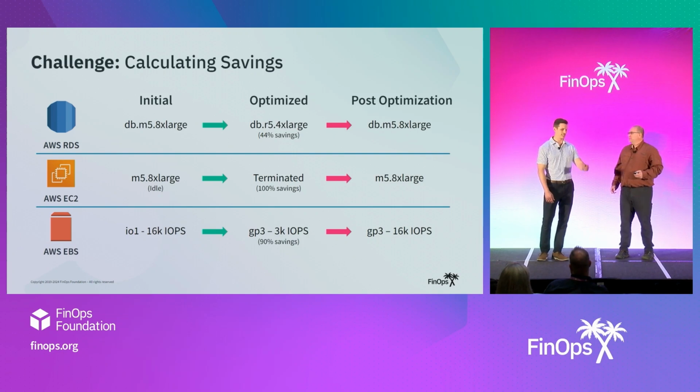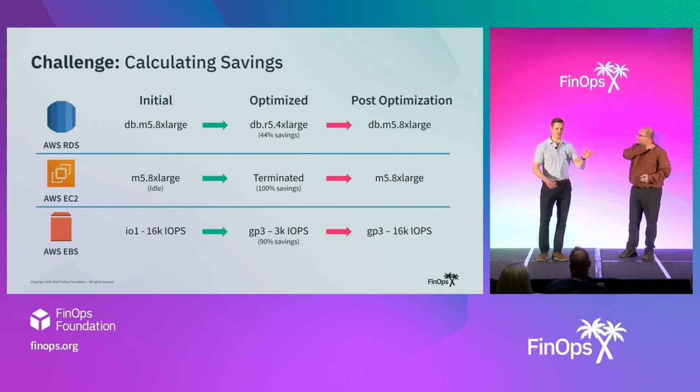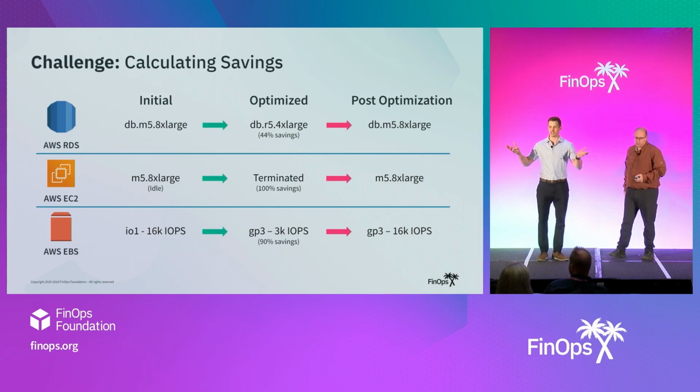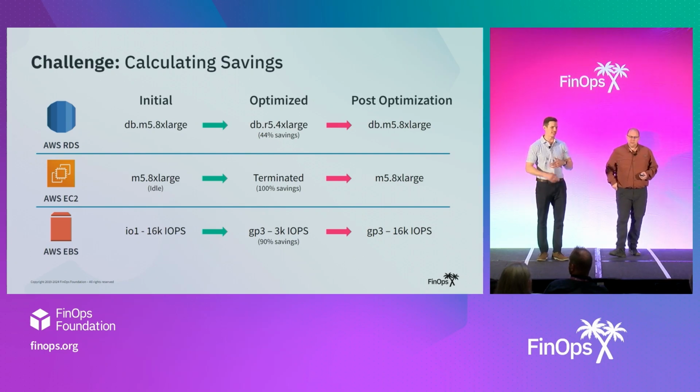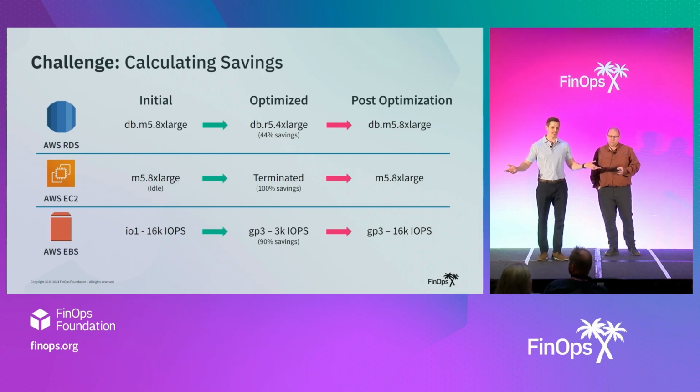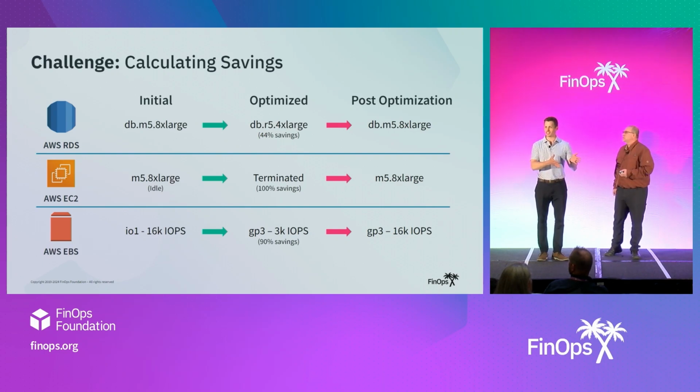And the examples on the screen are some that we've seen, but I'll highlight that middle one because I feel like that's a common one and an easy one. So, we see this all the time. There will be dev resources, they're being used, one of them goes idle, it doesn't get turned off, the FinOps team reaches out and says, hey, that's idle, turn it off, so they do.